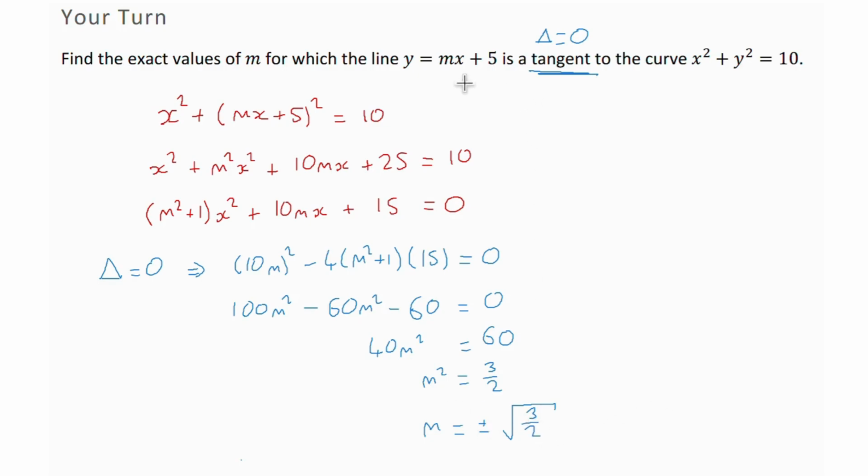So there are two values of m where this would be true: the positive square root of 3 over 2 and the negative square root of 3 over 2.